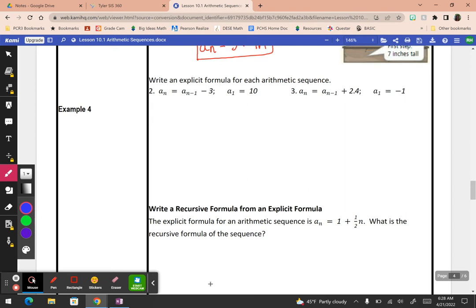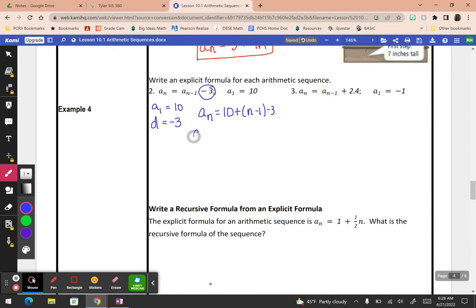Okay, so same thing. You have a sub 1 equals 10. Your common difference here is going to be negative 3. So we're going to start with a sub n equals my first term plus n minus 1 times my difference.